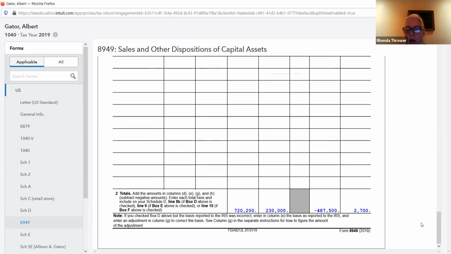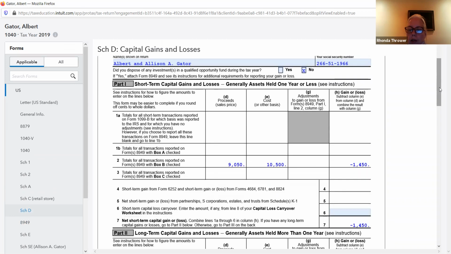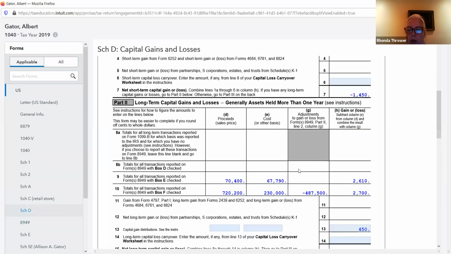So this 2,700 is going to feed into, and all this transaction here is going to feed into your Schedule D. So I'm going to click on Schedule D to show you where it feeds in. It comes in right here. And then the rest of this was from the previous transactions.